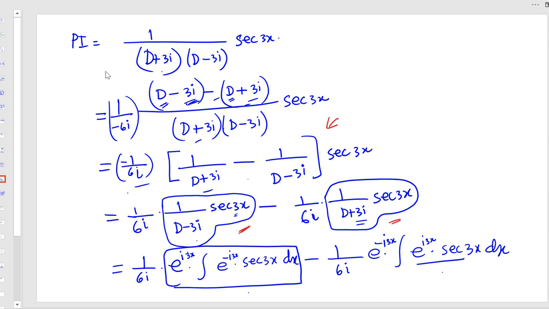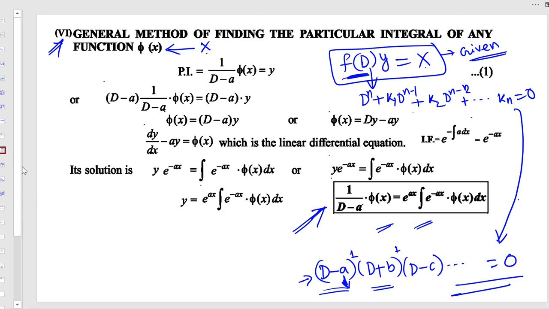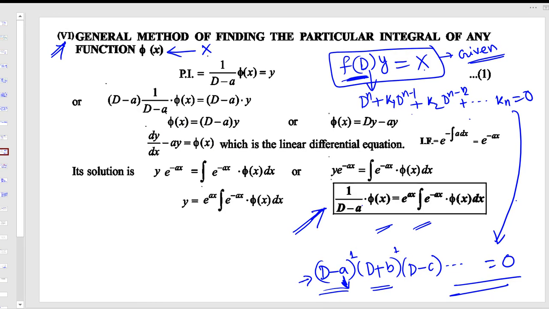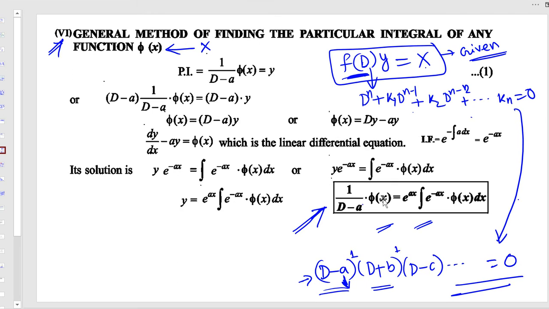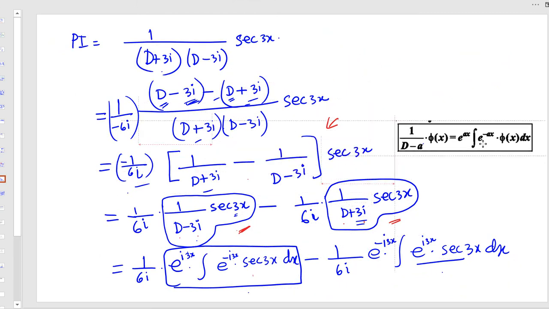So this is D minus a, and this is D plus a type formula. If you just apply this formula, here it is. This is the formula you have to apply depending on the value of a, and this a value will be found out by the auxiliary equation. So if you find this, apply here.